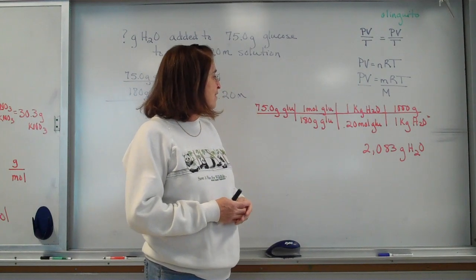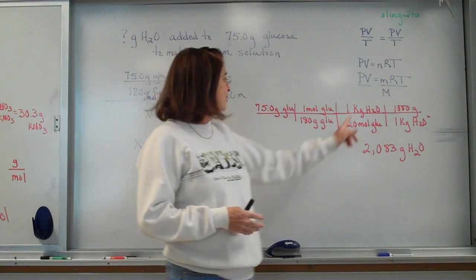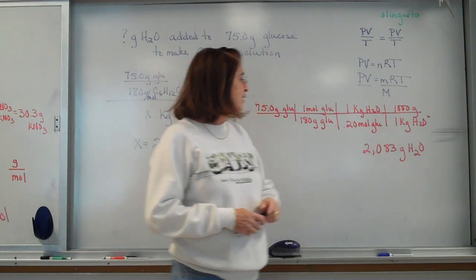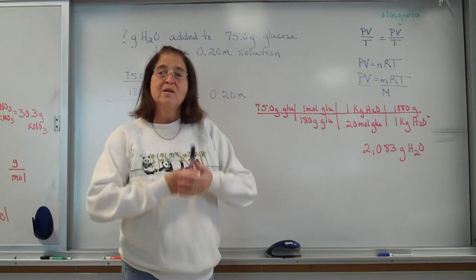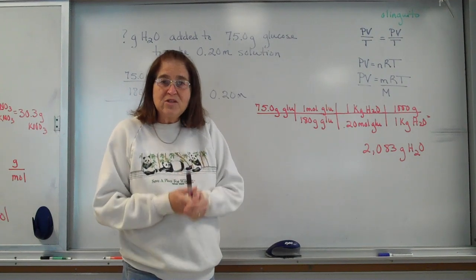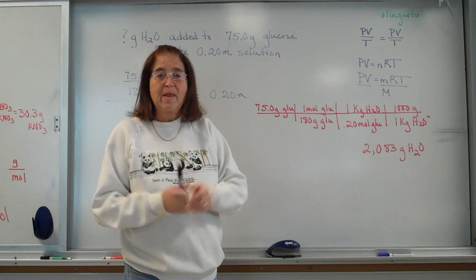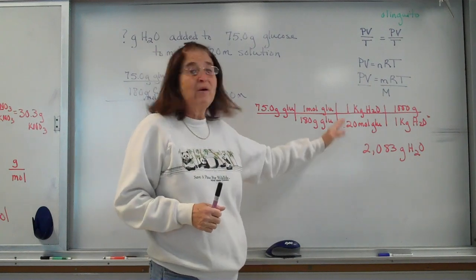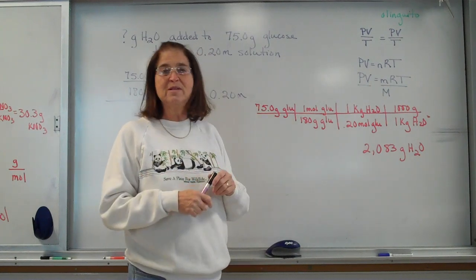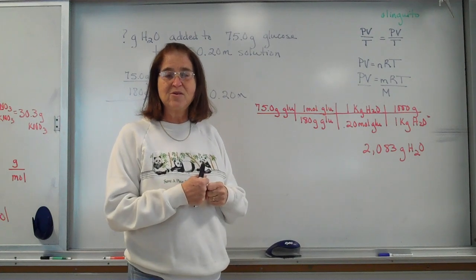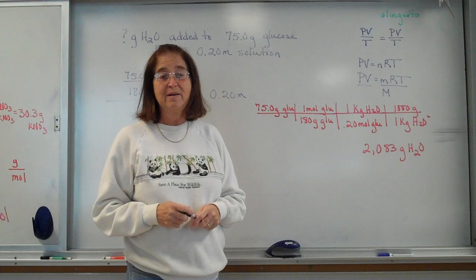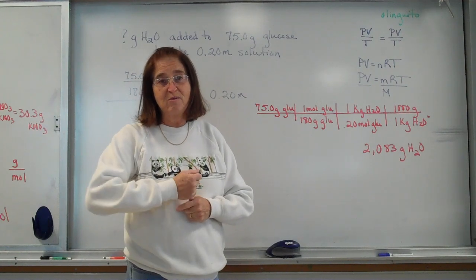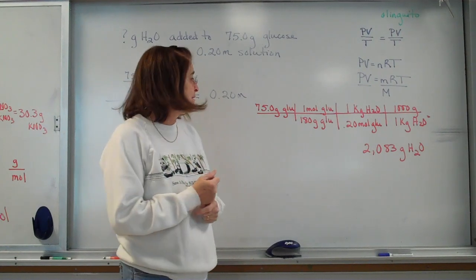And then, if I want to go all the way to grams, I would convert my kilograms of water to grams of water. Look at how the units cancel. Slow down. Pay attention to this. You could have started somewhere else, but as long as your units cancel, you get to the answer you need. That's going to be very helpful when we do equilibrium, acid-base, electro, and other advanced topics.